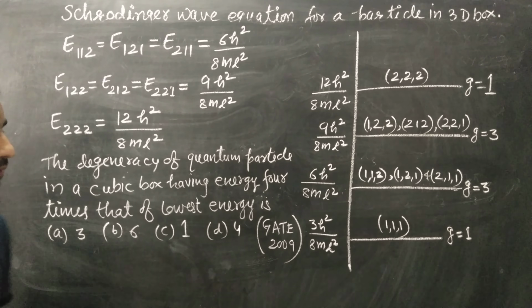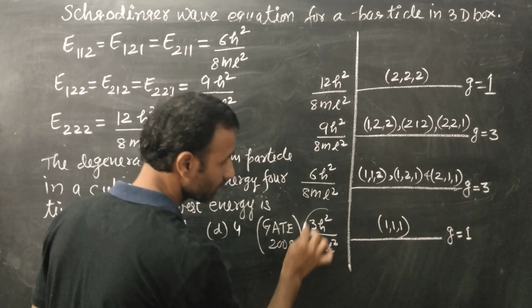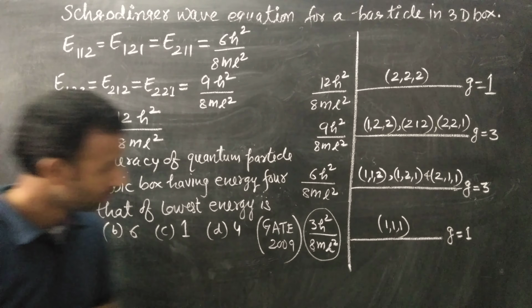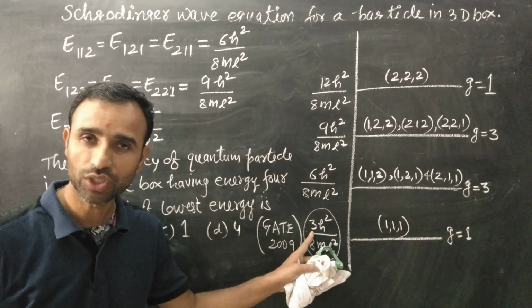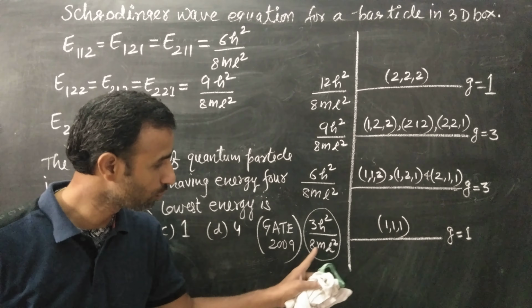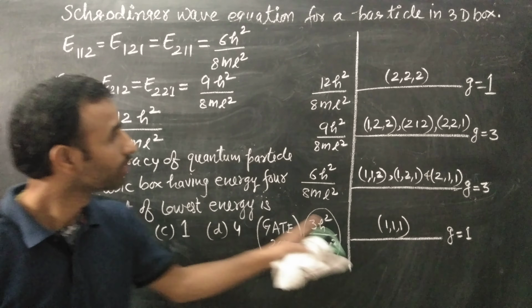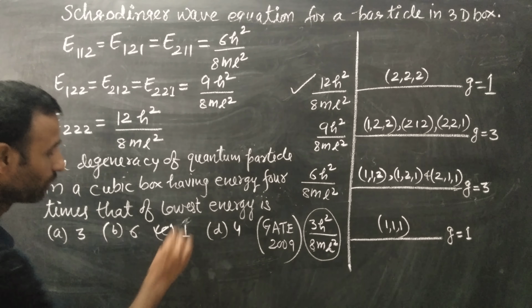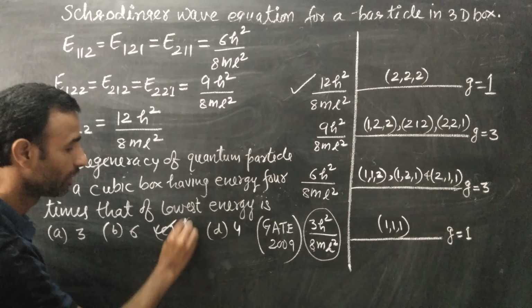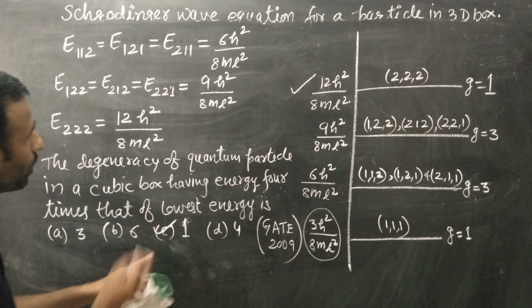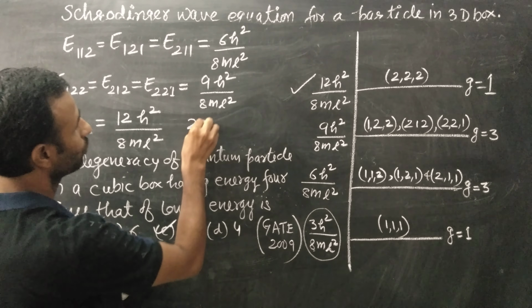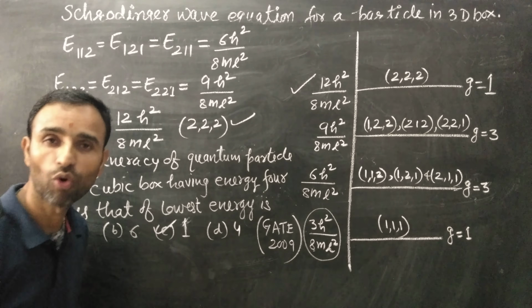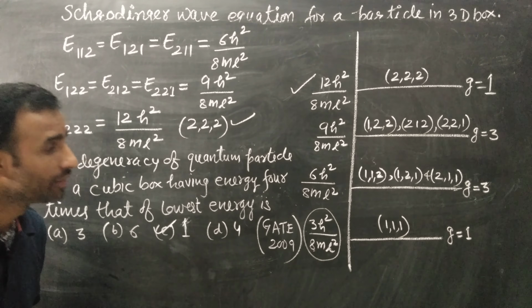Yes. So say lowest energy is 3h square upon 8m L square. So 4 times this energy, that is 12h square over 8m L square, that is this one. So its degeneracy is 1 only, because it is possible for 2, 2, 2 only. So there is no other option, right?